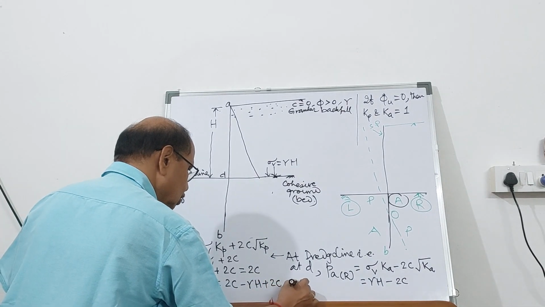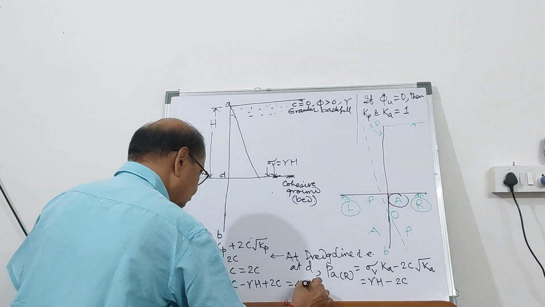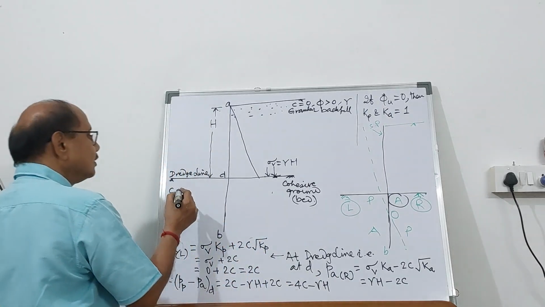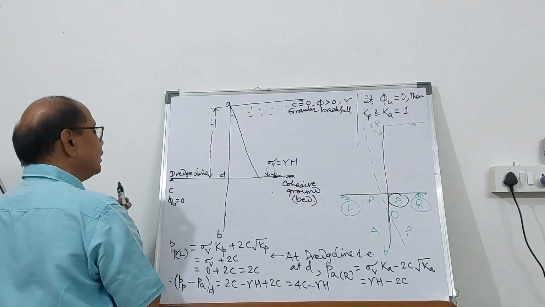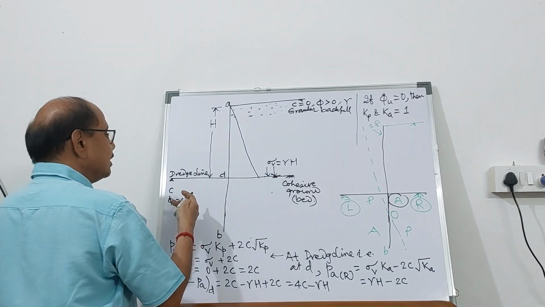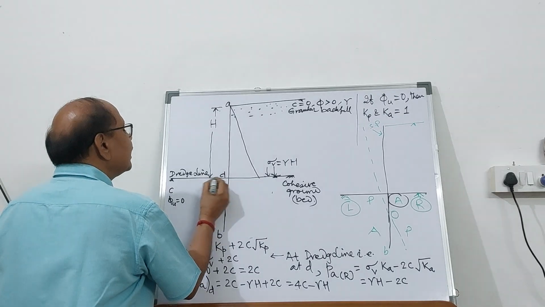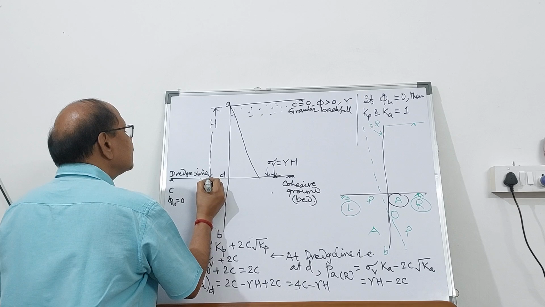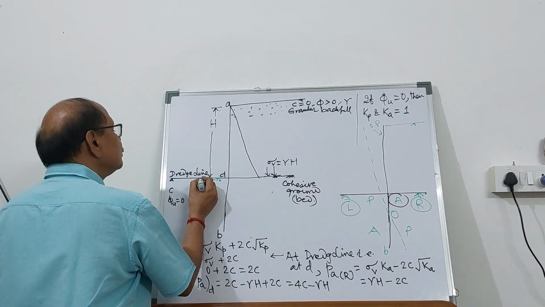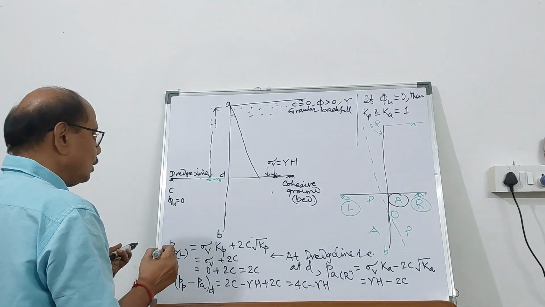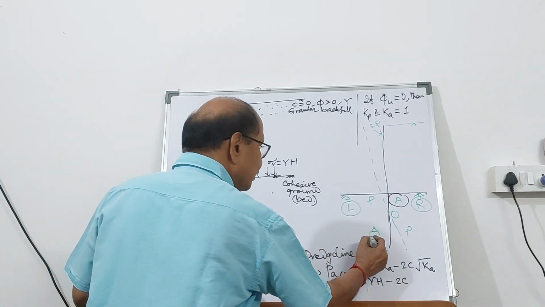So it becomes 4C minus gamma H. So friends, the pressure here at the dredge line is given by 4C minus gamma H. Let's say this is the pressure here. This is 4C minus gamma H.